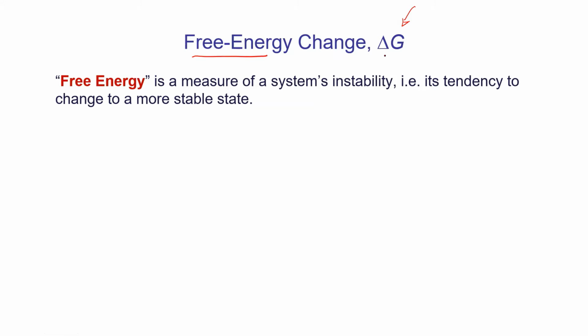We're actually looking at the change in free energy, and from my definition here, it's a measure of a system's instability. Another way to think about it is that if you think about all the energy available in a chemical transformation, some of that energy is lost as heat and it's not useful. Free energy is the useful part of that energy.